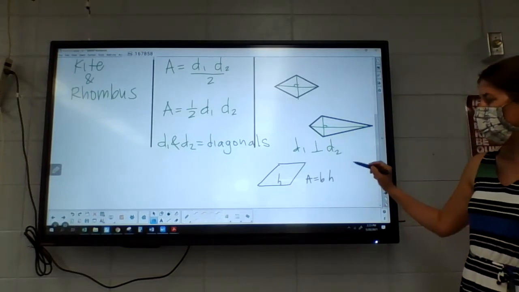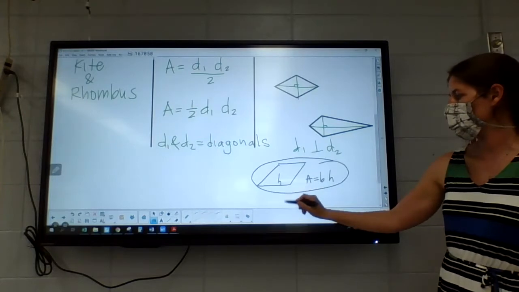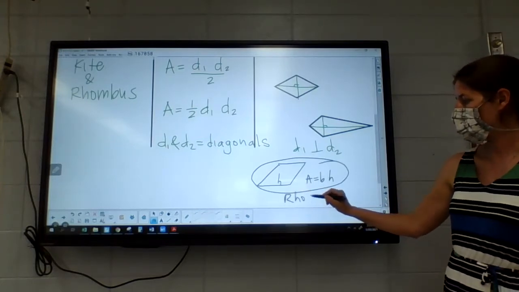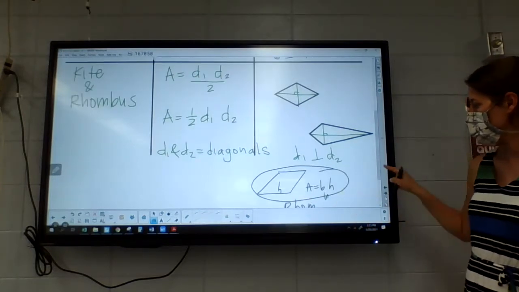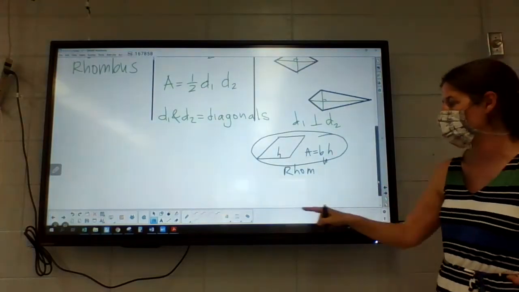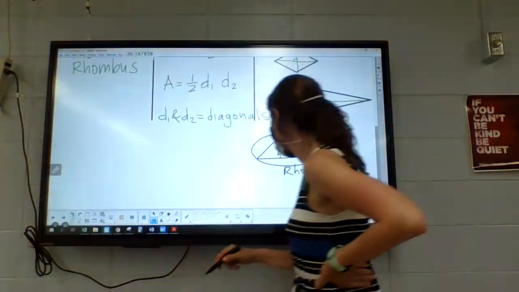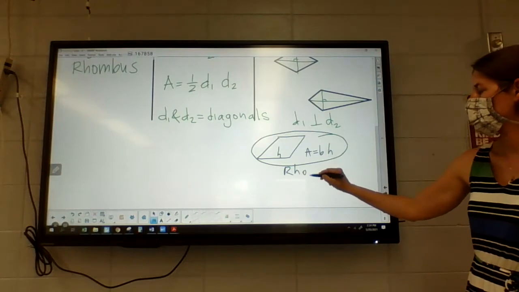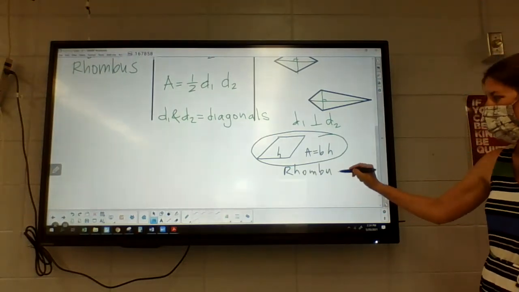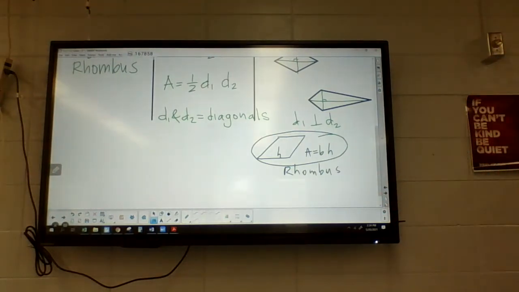So that's an alternate for a rhombus. So this also works for a rhombus, but it just depends which situation you have. So we essentially have 2 formulas for rhombuses.